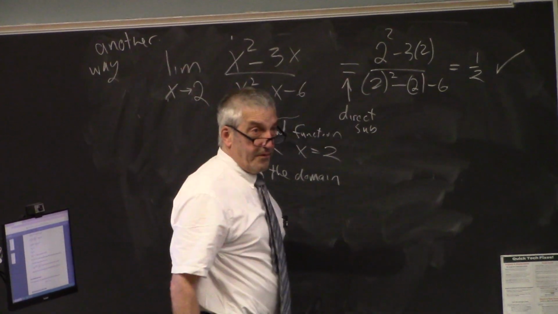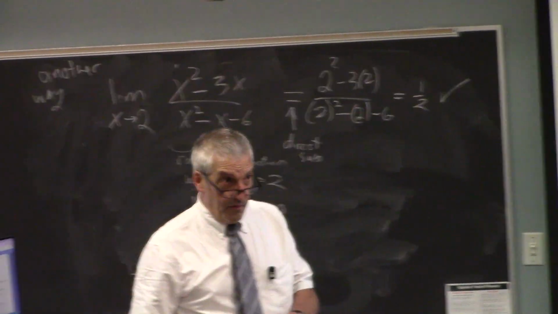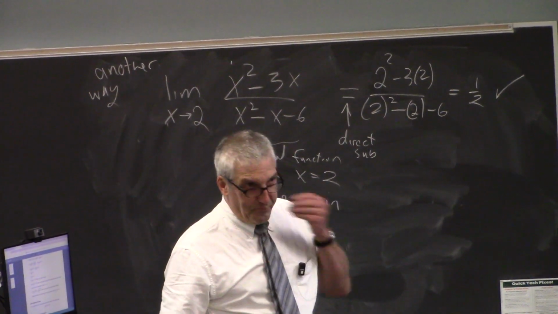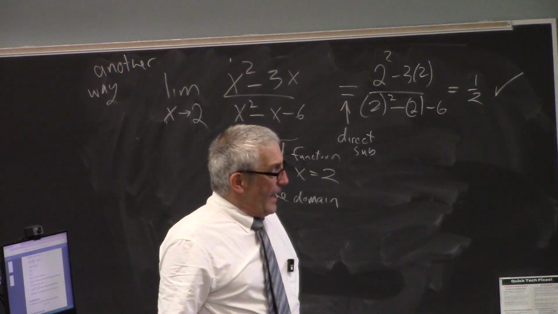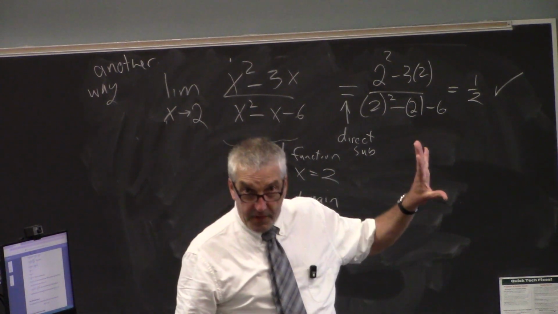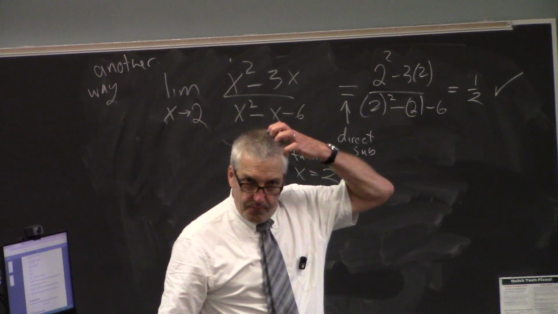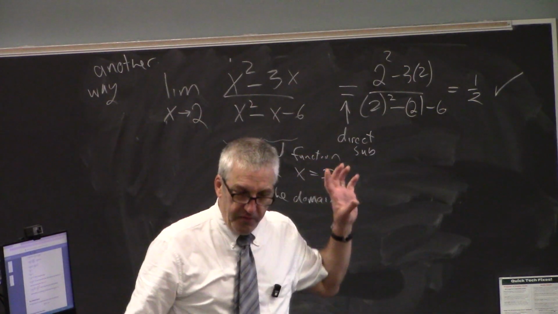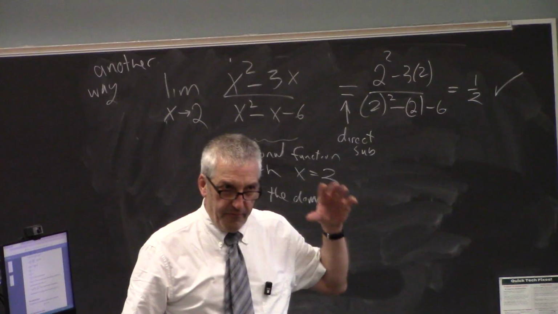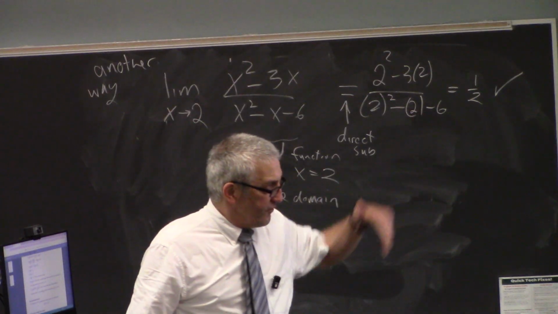Same answer. So that's the idea of using these limit laws. Again, these limit laws are the result of somebody using the precise definition of limit and very carefully observing these trends.